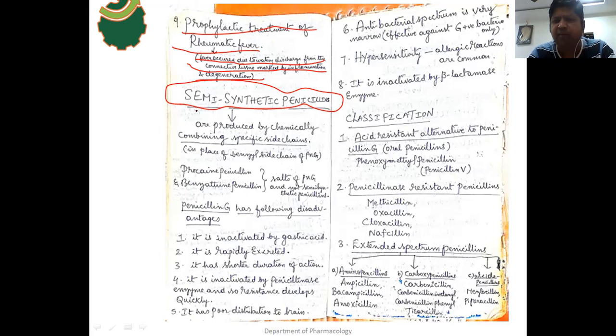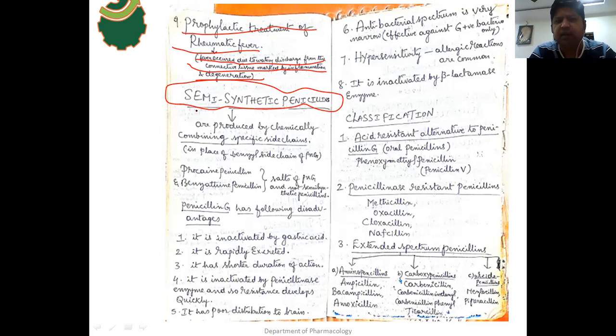Synthetic means drugs like cotrimoxazole and sulfonamides, which are purely obtained in the laboratory. Semi-synthetic means you obtain an antibiotic from a natural source and modify it in the laboratory to get desirable properties.